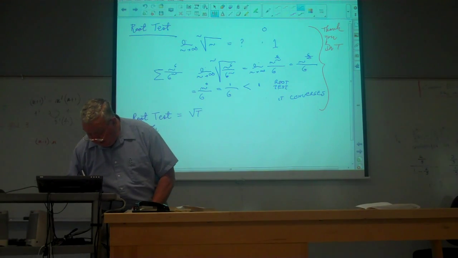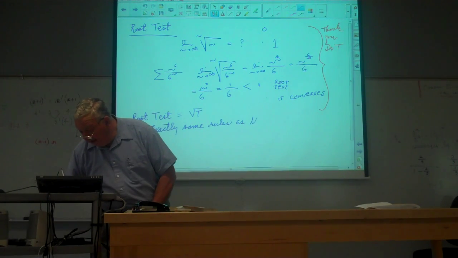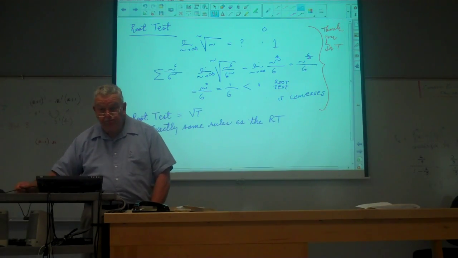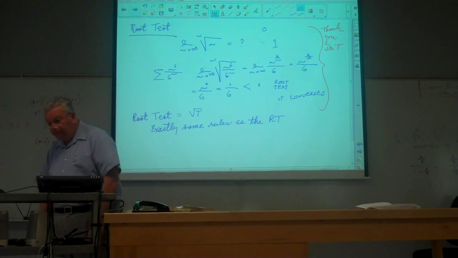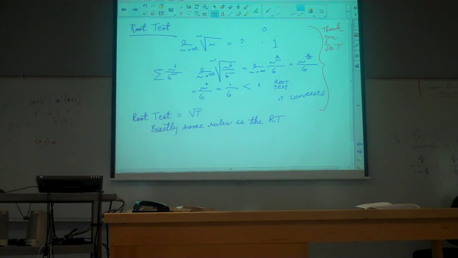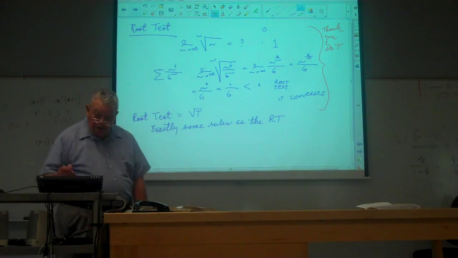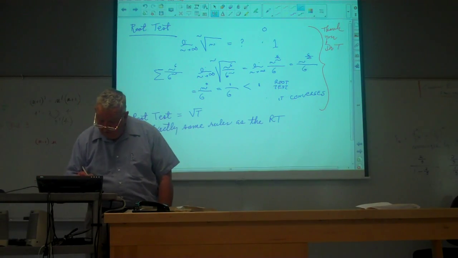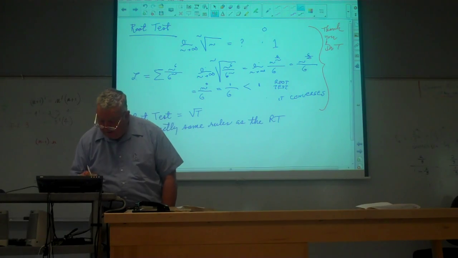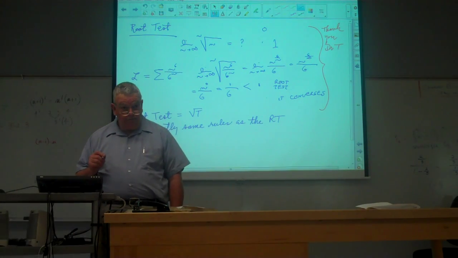Okay, the root test has exactly the same rules as the ratio test. Exactly the same rules. You go through and you do what Dr. Thomas just did, and you call this L, just like I've been doing it, right?